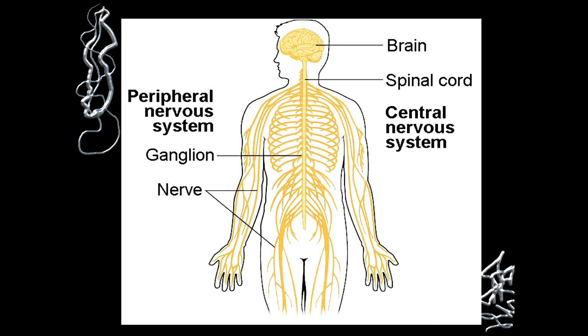Then the PNS is subdivided into another two subdivisions, the autonomic and somatic nervous system. The autonomic nervous system has involuntary control of internal organs, blood vessels, smooth and cardiac muscles.